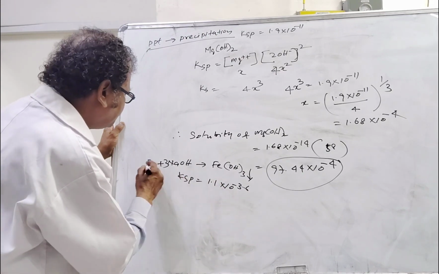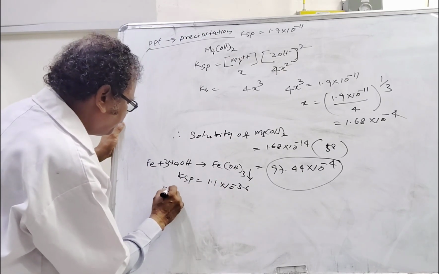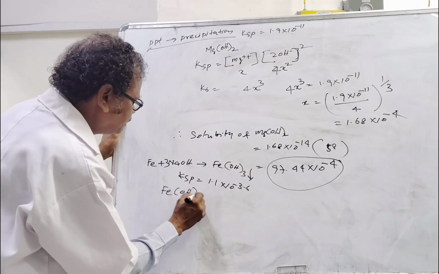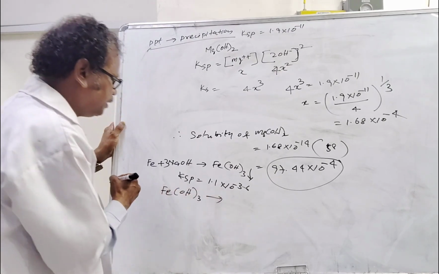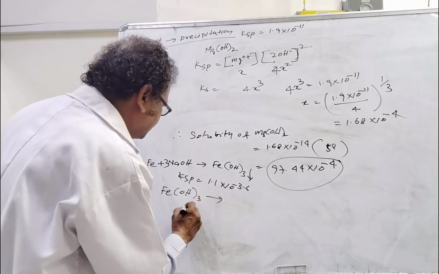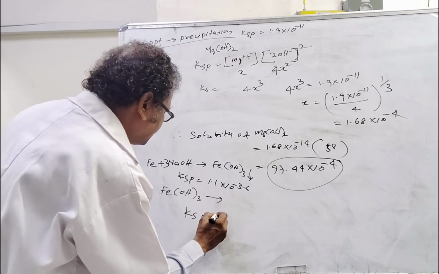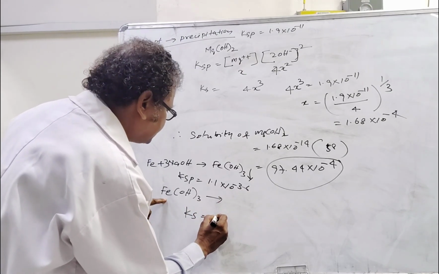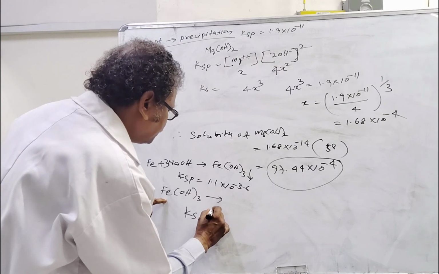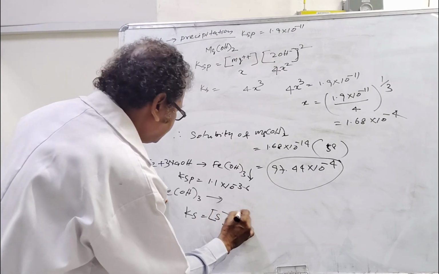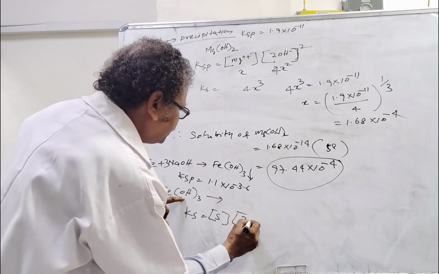Then you see here Fe(OH)3. Ksp is equal to, say if it is S, it is equal to 3S.